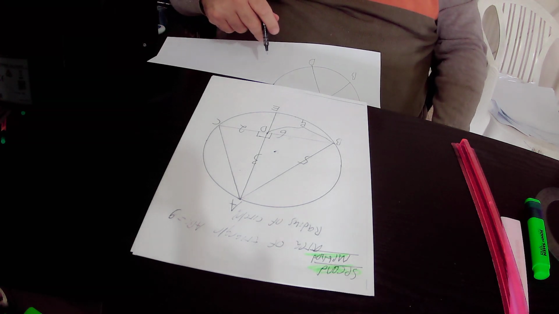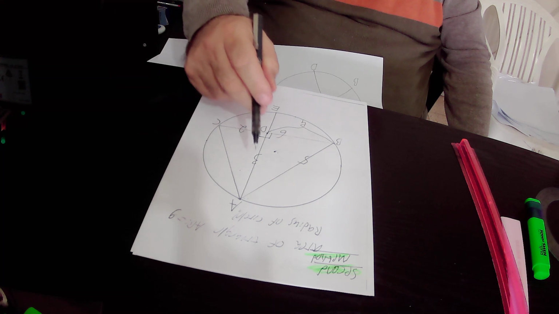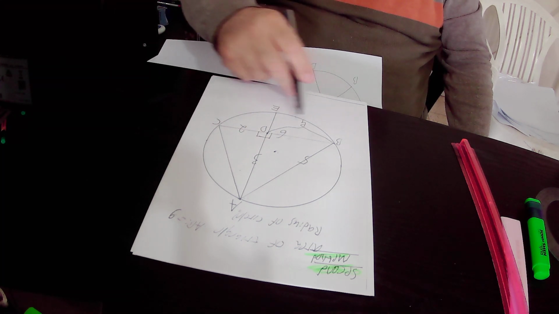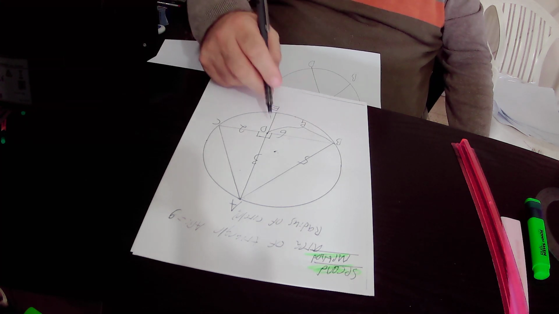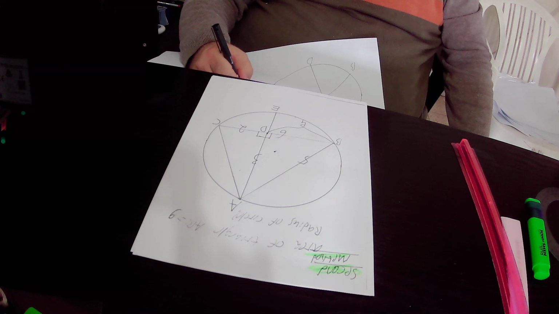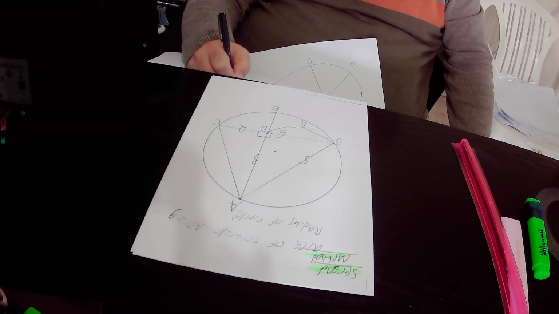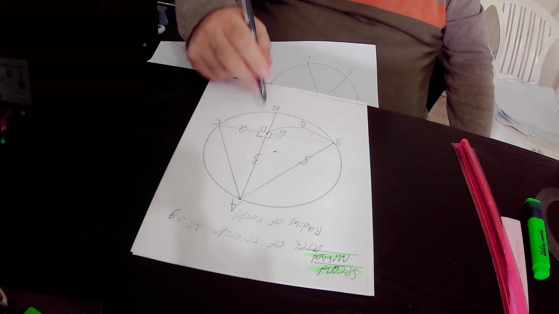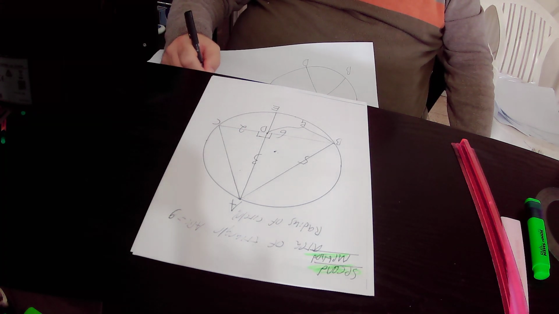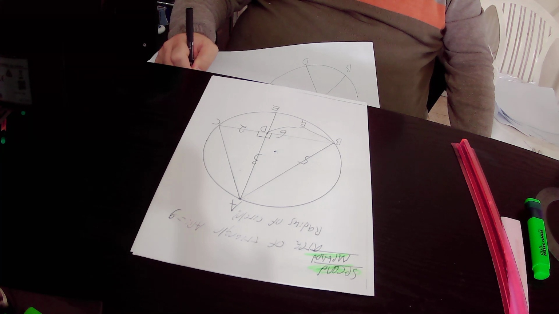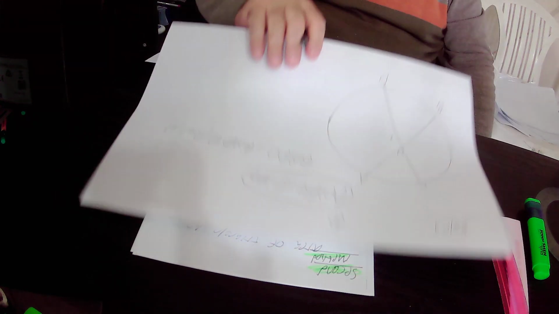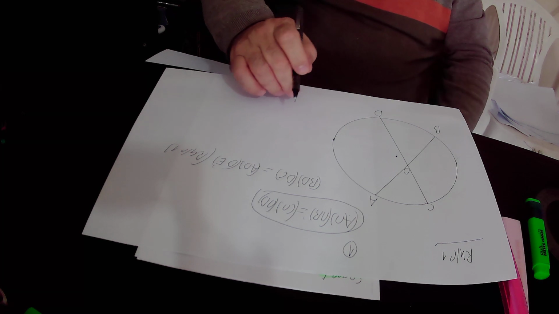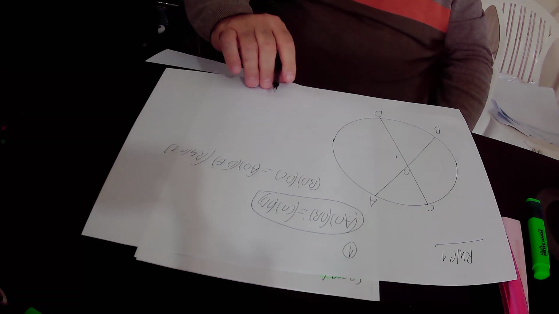Actually, you can implement rule number 1 in our drawing. Why? Because in our drawing we have this circle, and inside this circle we have chord AE that intersects with chord BC at point D. Therefore, according to rule number 1, we get that BD times DC equals AD times DE.